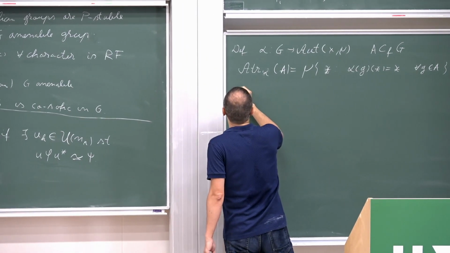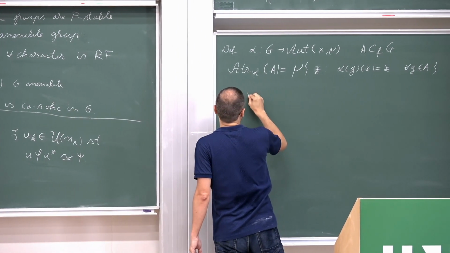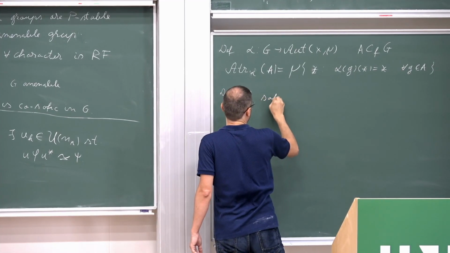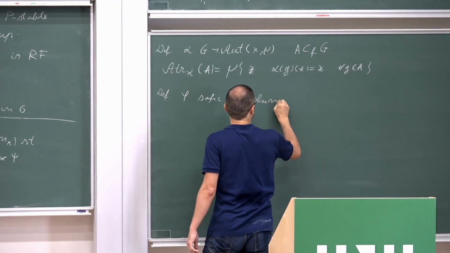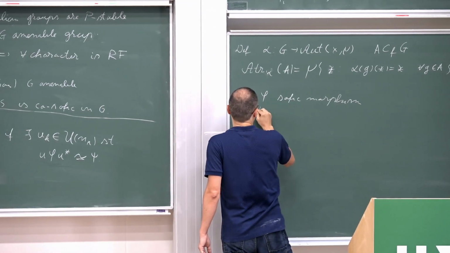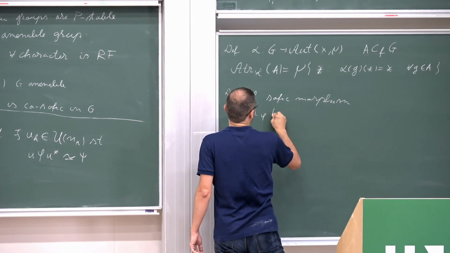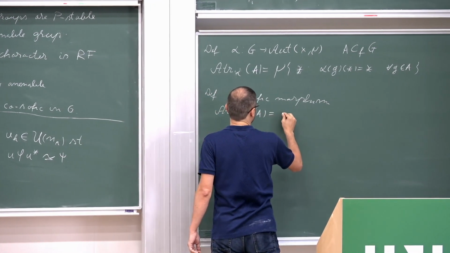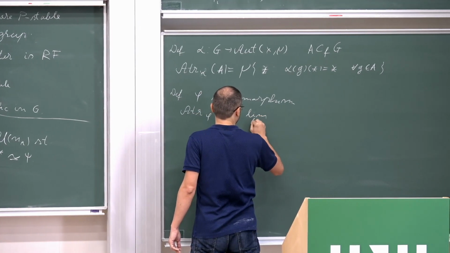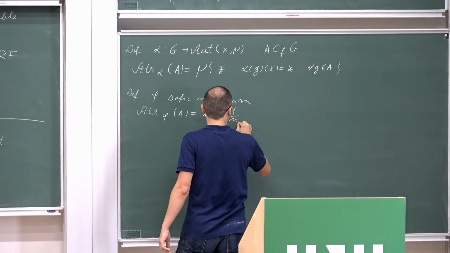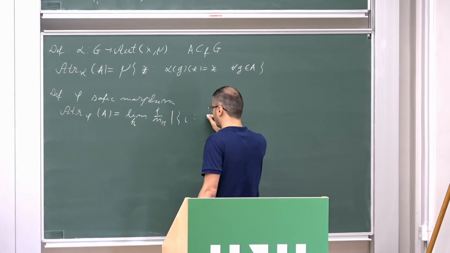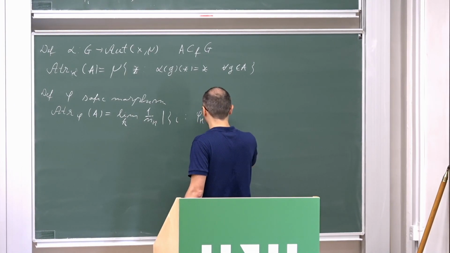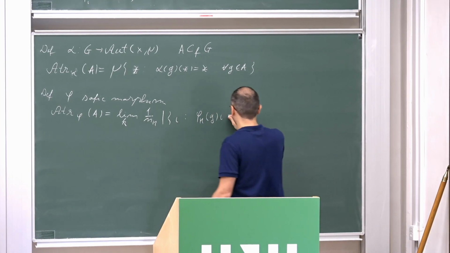And for a Sophic morphism, and I need it to be a Sophic morphism, the action trace of phi will be the limit in k of 1/n_k times the cardinality of the common fixed points. So the set of i with the property that phi_k of g applied to i is i.